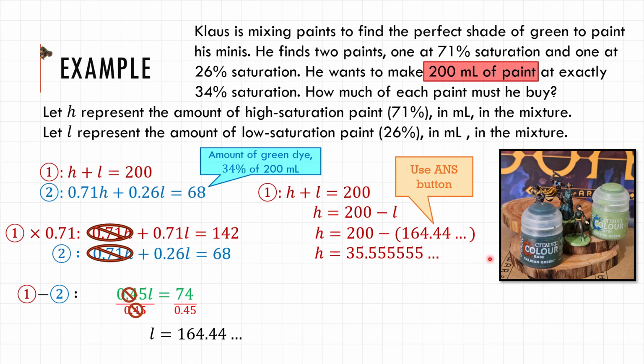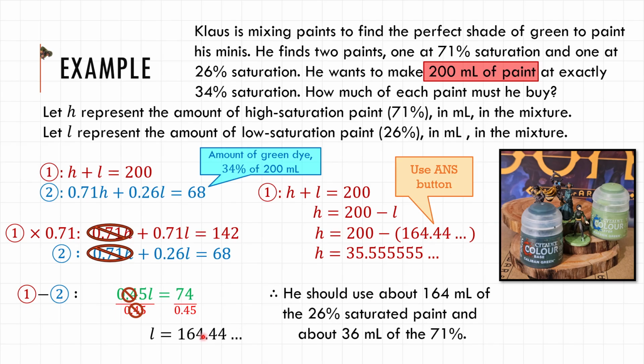It's always a good practice to never round any numbers in your math problems until the very last step, which is where we are right now. We were looking for how much of each paint he must buy, and it looks like he needs to buy about 164 milliliters of the low saturation paint and about 36 milliliters of the high saturation paint.